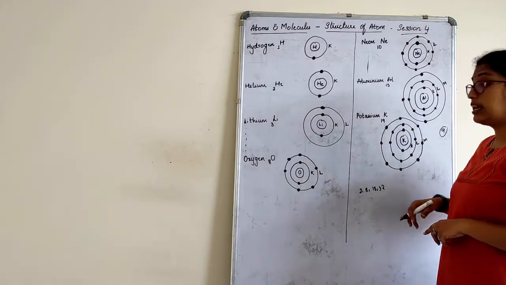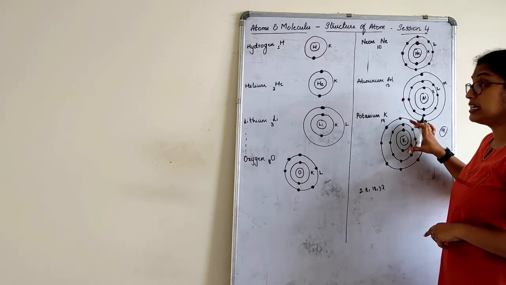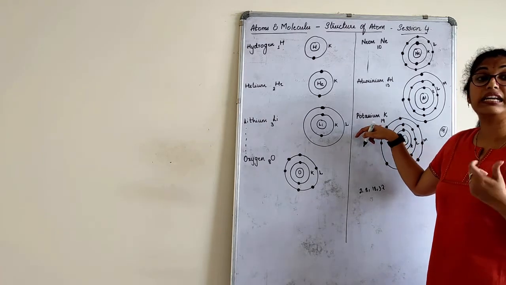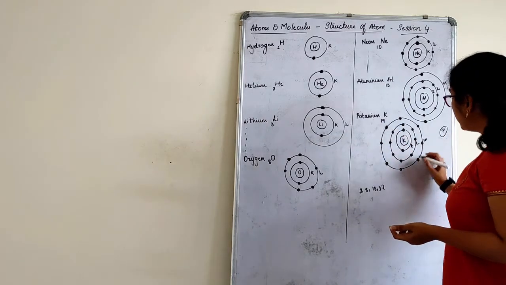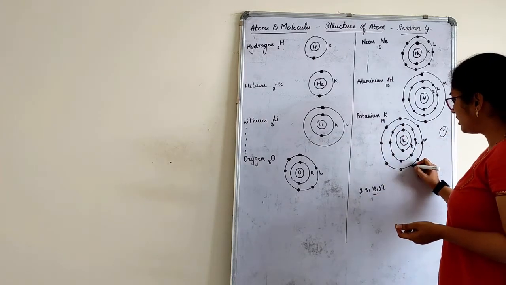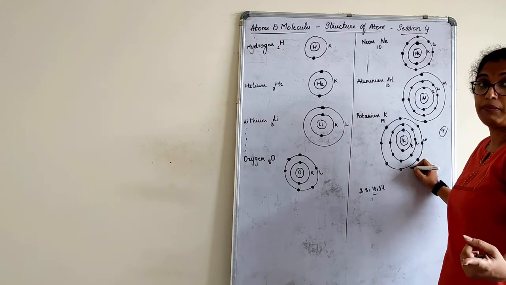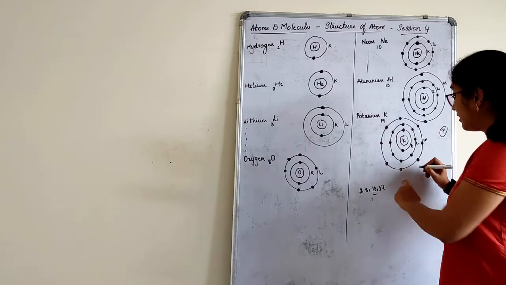Right? Total how many now? 2 plus 8, 10. 10 plus 8, 18. But actually I want 19 here. That means it can take 18 electrons. Can I write one more electron here? No, I cannot write one more electron. Why? I will explain that.